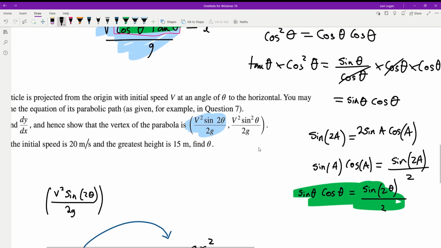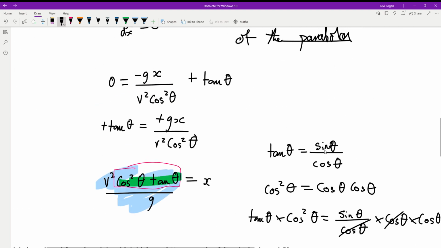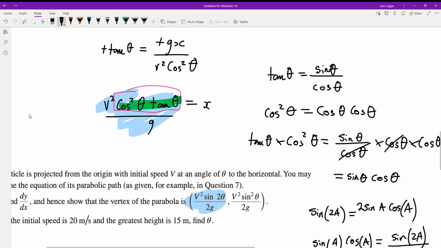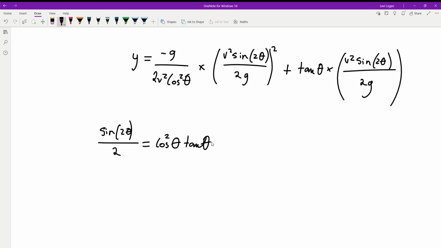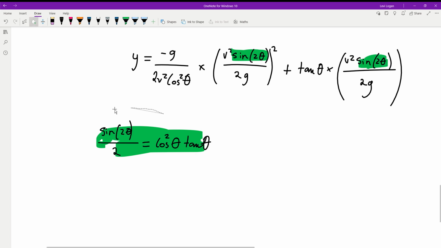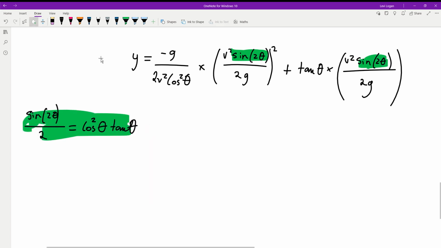So to start off, we're going to reverse our trig identity. Instead of writing this, we might write its original form, so we can replace that: sine 2 theta is 2 times cos squared theta tan theta. Okay, so then we're just going to replace this in here to make the trig a bit easier. We can fix it up a bit later.